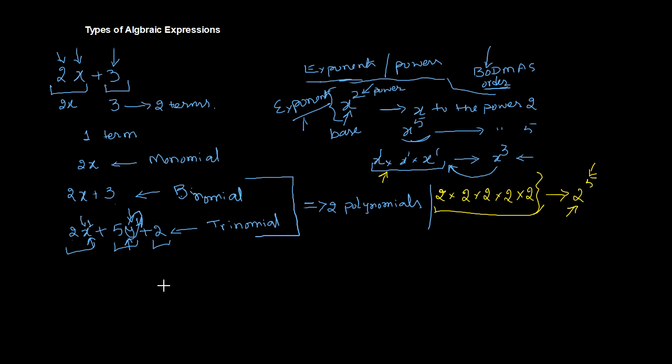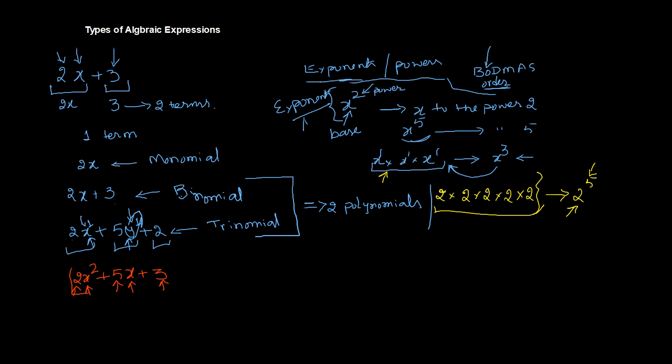So how am I going to use this in algebraic expressions? Let's take the same example, but with powers. Let's say I use 2x square plus 5x plus 3: variable, variable, coefficient, coefficient, and a constant.